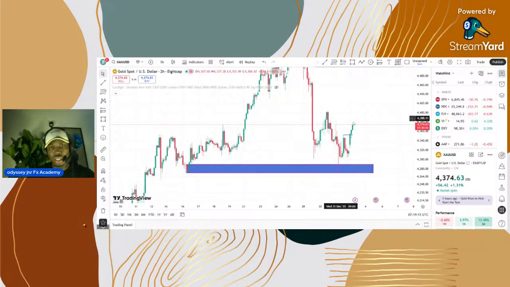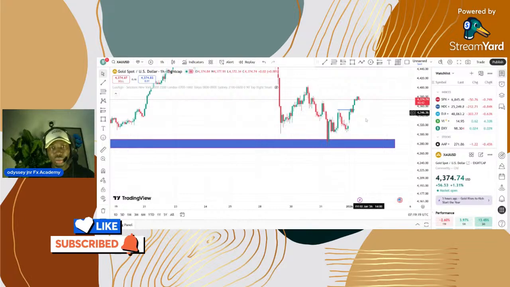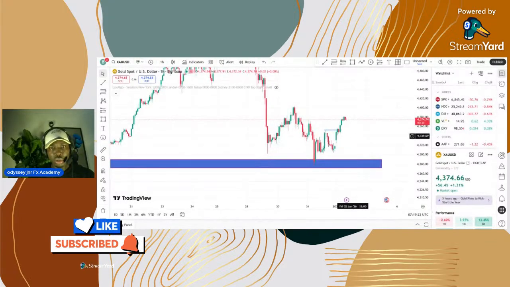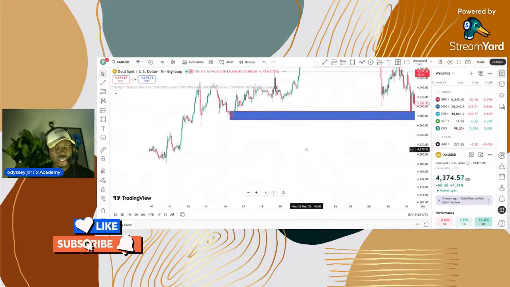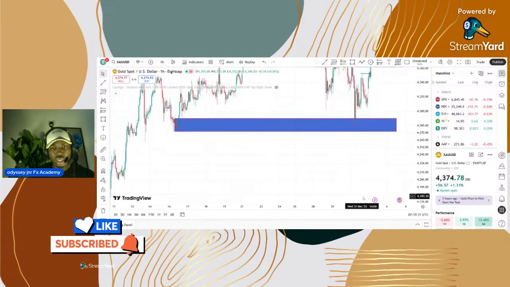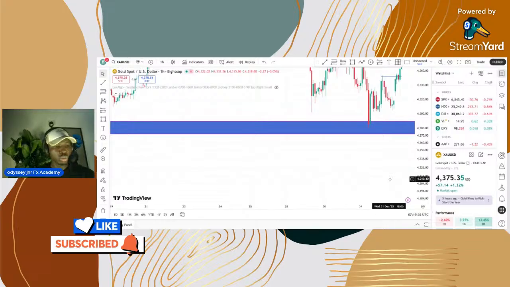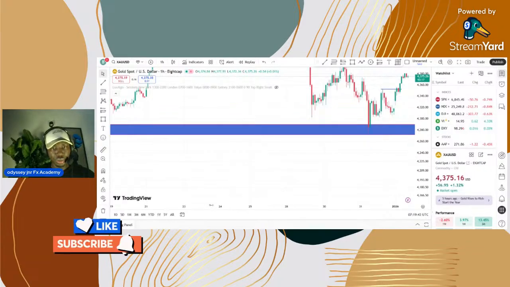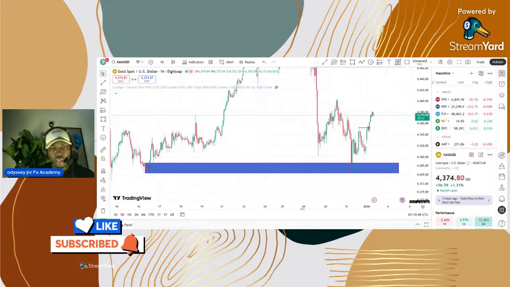In the 1 hour time frame, we still have the market to the upside. Have the market turning into the upside. That is amazing.